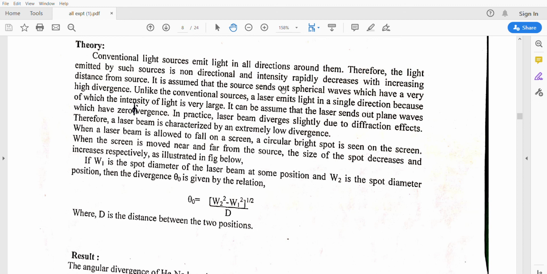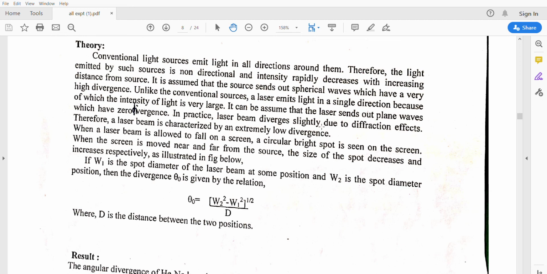It is assumed that the source sends out spherical waves which have a very high divergence. Unlike conventional sources, a laser emits light in a single direction, because of which the intensity of the light is very large. It can be assumed that the laser sends out plane waves which have zero divergence.